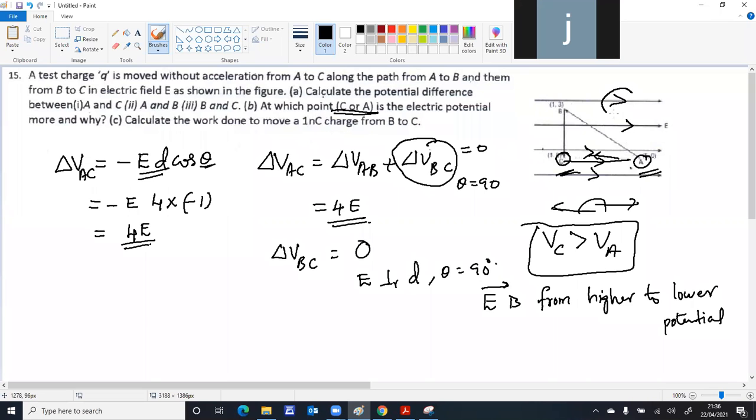The electric field is always from higher to lower potential. Work you can do anyway. So because of this, C is at higher potential.